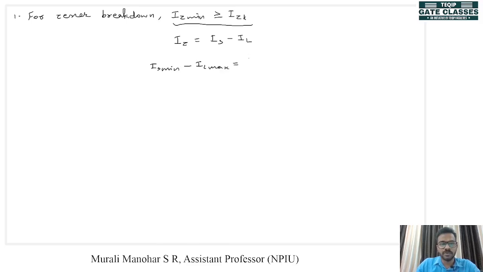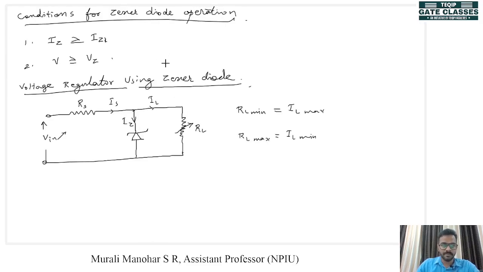This corresponds to the worst case for IZ minimum value, right? So what will be IS minimum? We know that when this is turned on, this voltage will be Vz. So IS minimum will be Vin minimum minus Vz divided by Rs.